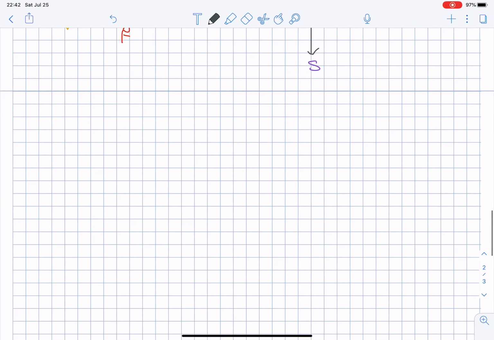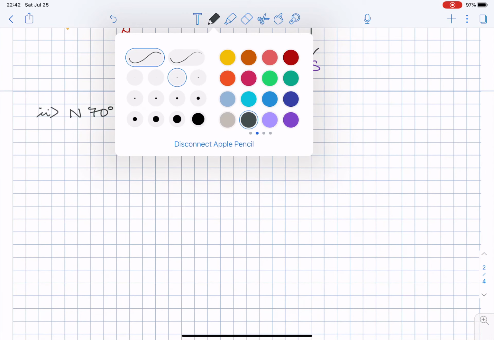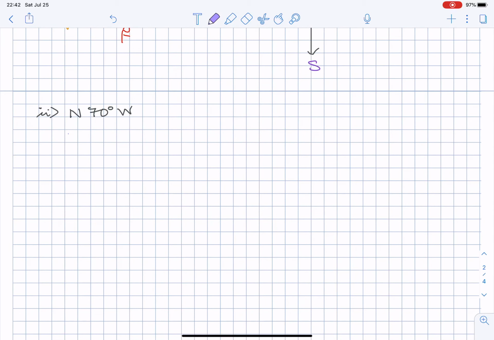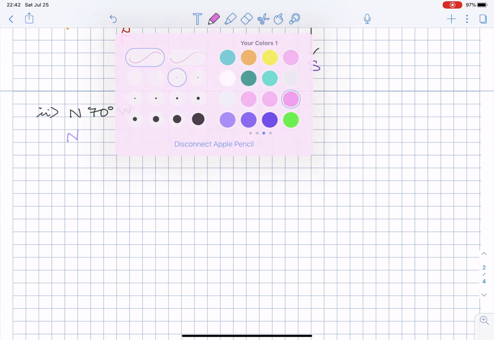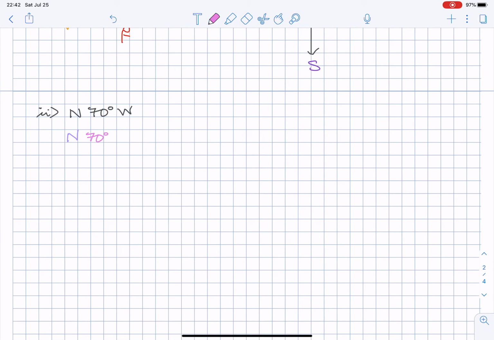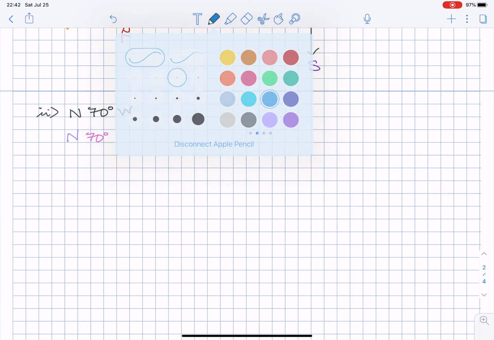So number 2. Let's do north 70 degrees west. Okay, so once again we have north is the first guy, which tells us where to start. Then we're going 70 degrees to the west.